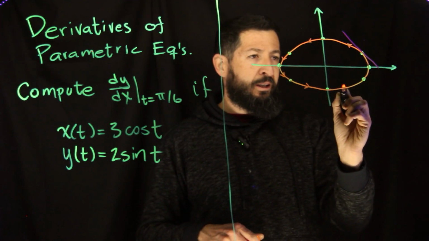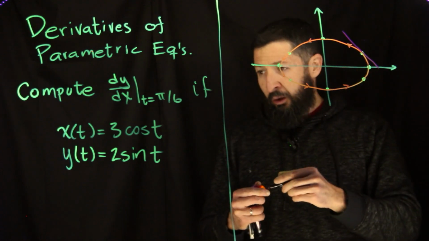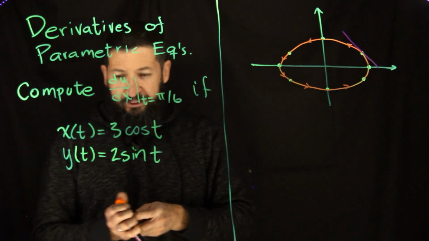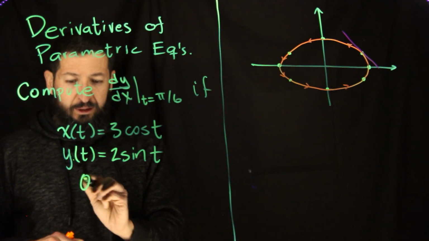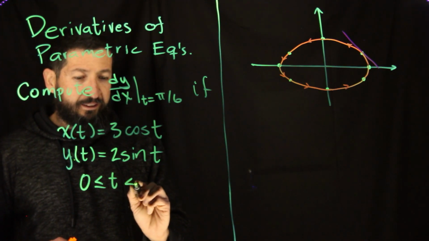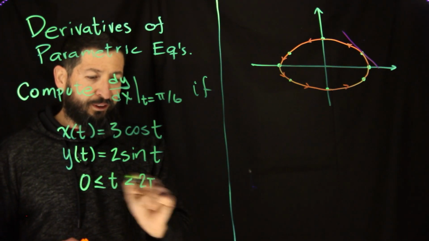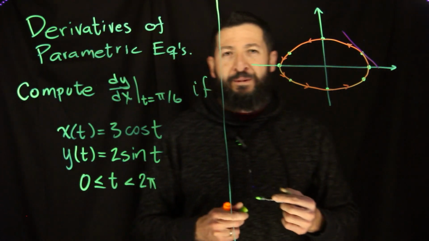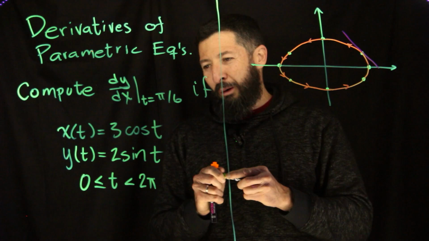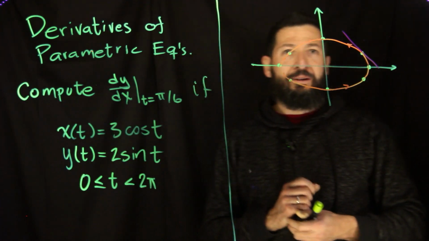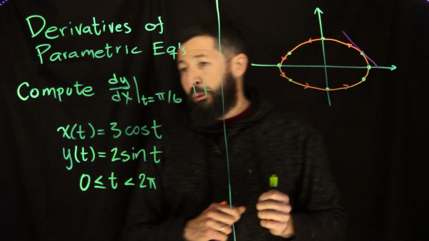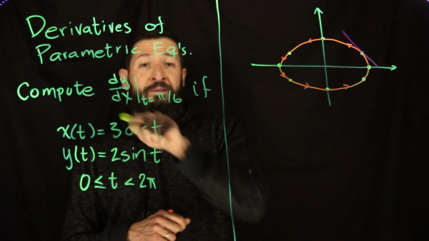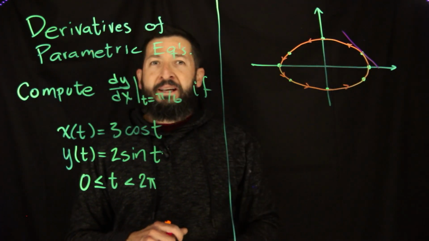And by the way, to graph the whole curve, it suffices to consider t between 0 and 2 pi. You could include the equal sign on either side, or even both, and you would just be doubling up a point, not a big deal. But that's kind of what we're looking at. And this derivative represents the slope of that tangent line.